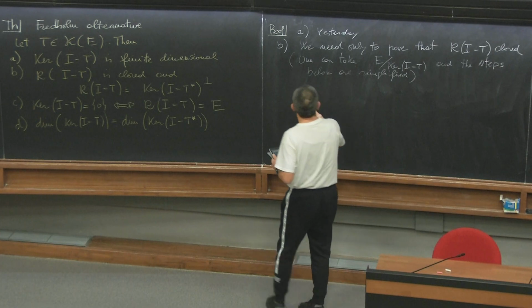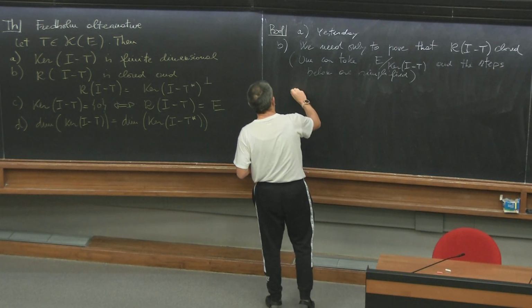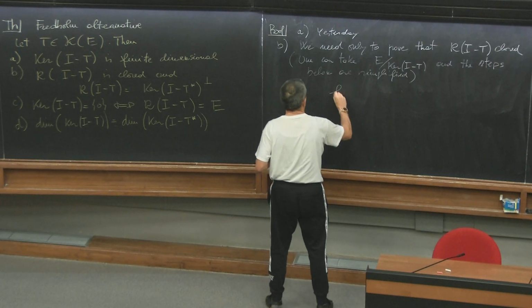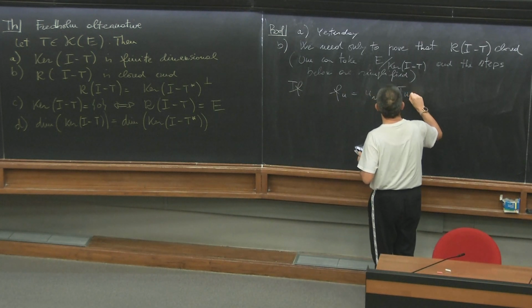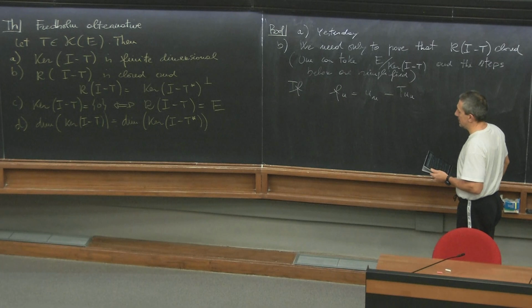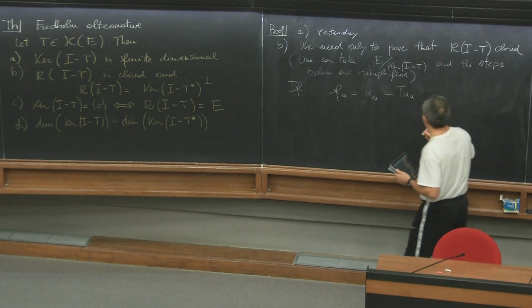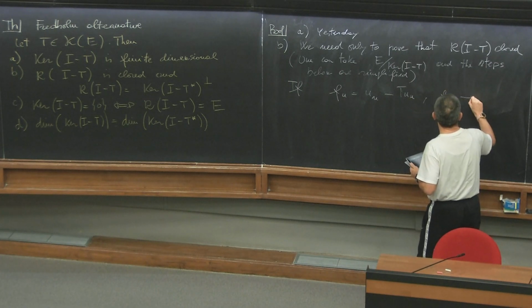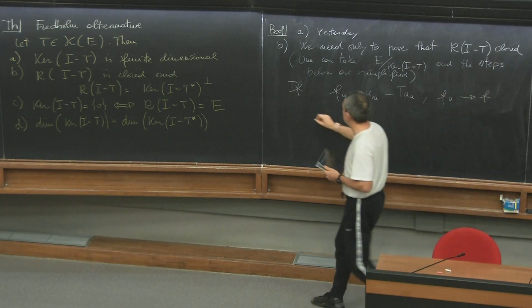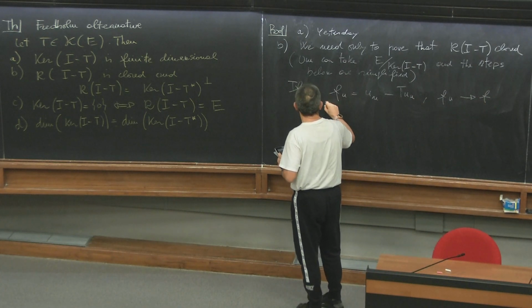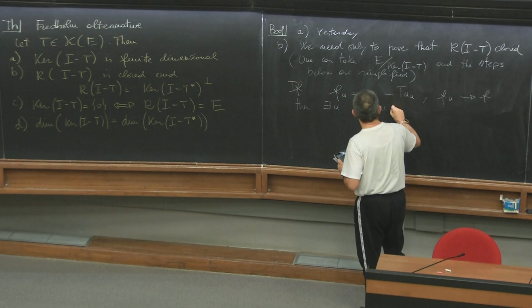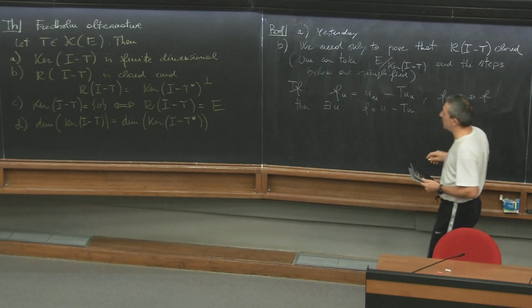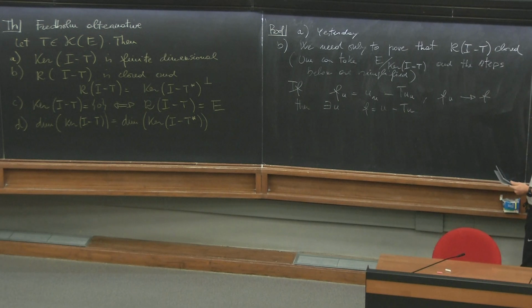So what we have to prove is that if Fn is equal to un minus T un, and Fn converges to F, then there exists a U such that F is equal to U minus TU. Okay, so this is the definition of closure.